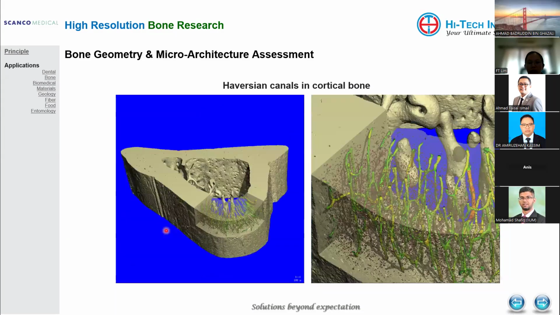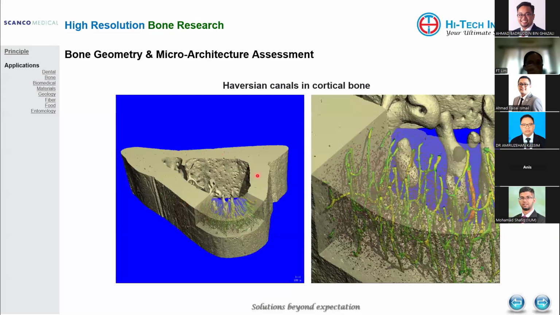And not just that. For example, this is a cortical. And within the cortical, there's a lot of capillary, which we call the Haversian canals. So we can also utilize the software, which is very clever, to do an invert. Now what you can see here, the high density is the solid.